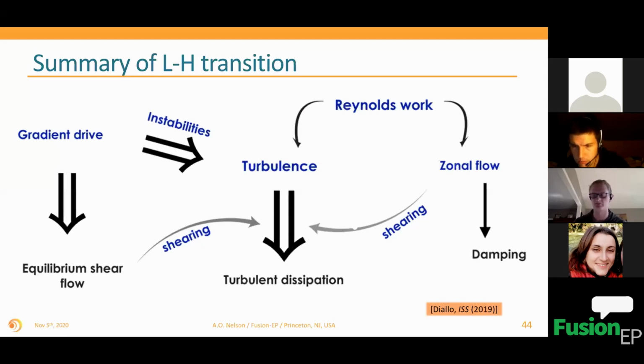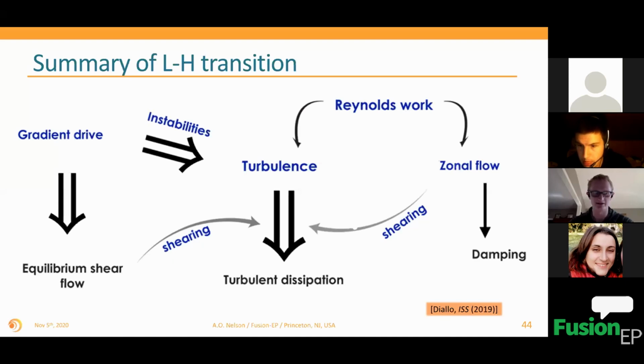So you end up with this Reynolds work, which creates turbulence and zonal flows and more shearing. And more shearing then feeds back into higher pedestals, which feeds back into more ER. There's this kind of predator and prey model until you actually end up with the final pedestal. So it's a complicated subject, and there's a bunch going on there. It's definitely an open area of research.